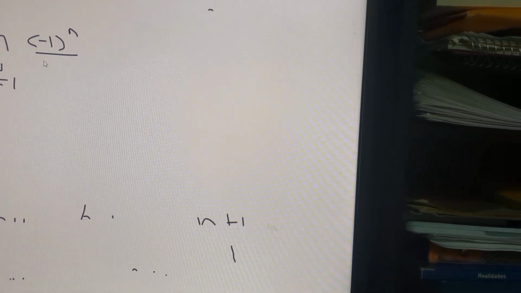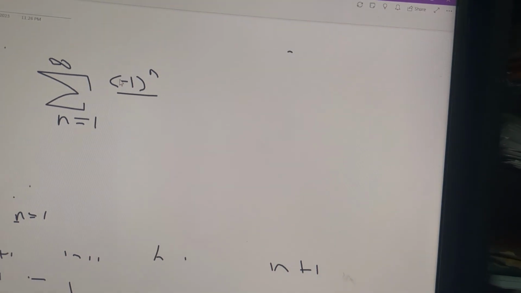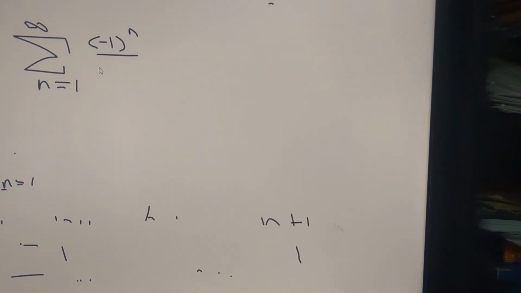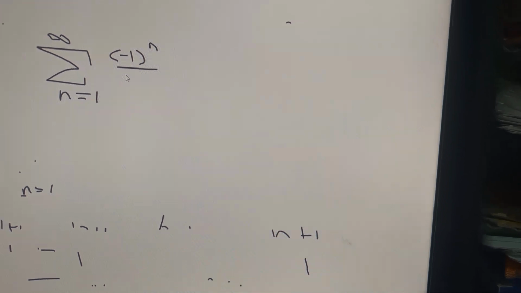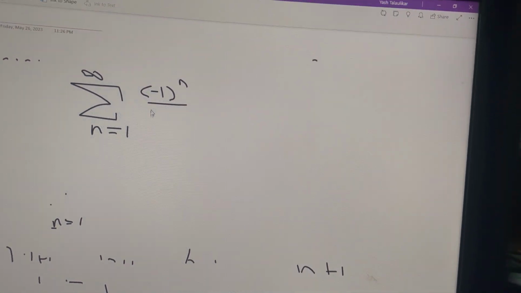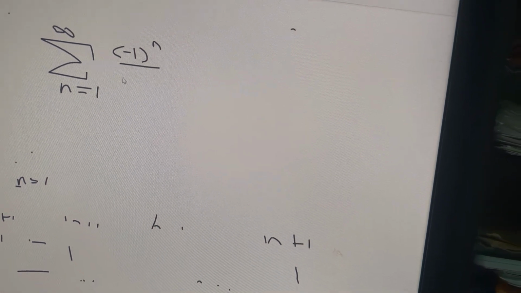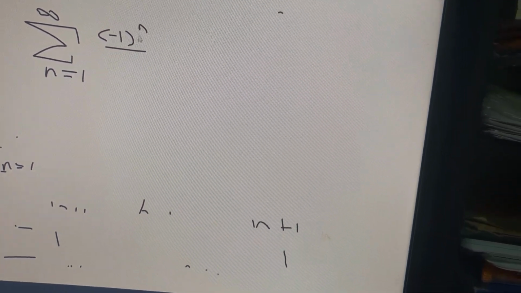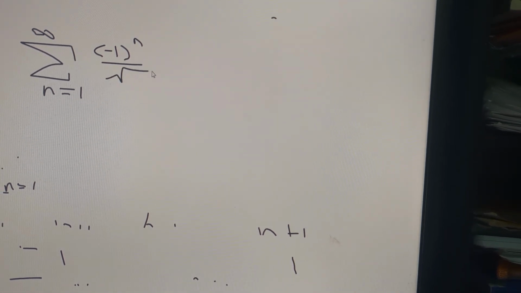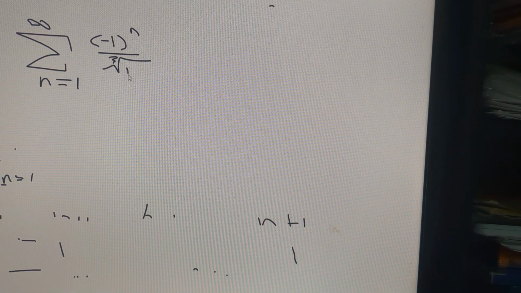Most problems that converge conditionally, a lot of them will end up being alternating series problems. It's just not all alternating series problems will end up like this, but a lot of them do. But let's take -1 to the power of n over the cube root of n squared.